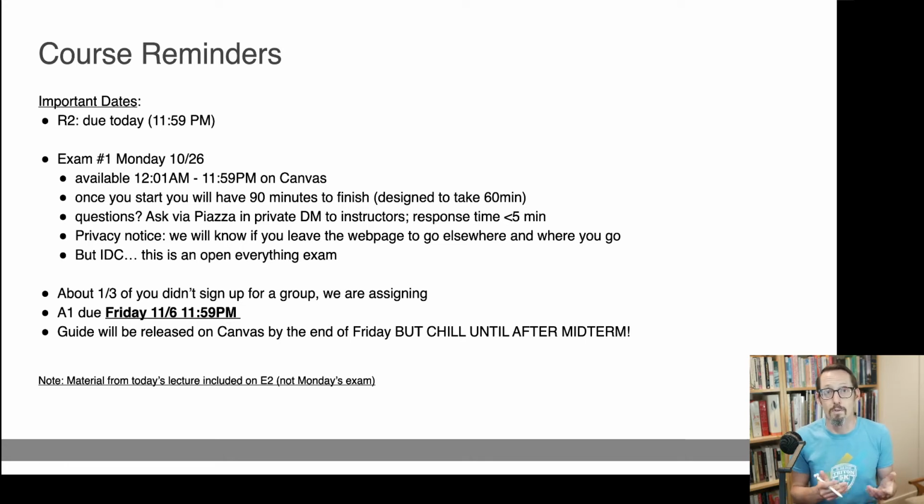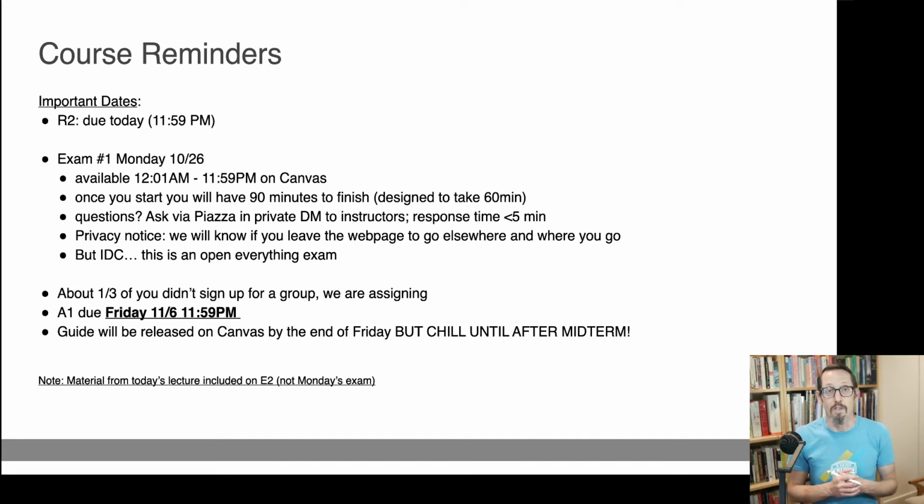The notice for the privacy, that knowing that Canvas keeps track of what you do, is more for your privacy than anything else. I want you to understand that the Canvas thing understands when you stop interacting with it and that you've gone off and paused and gone to do something else. Okay, so again, I don't care.